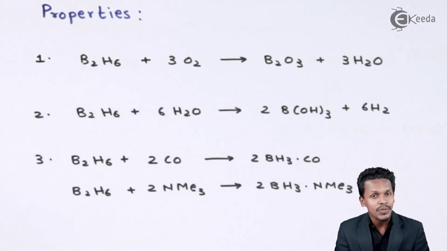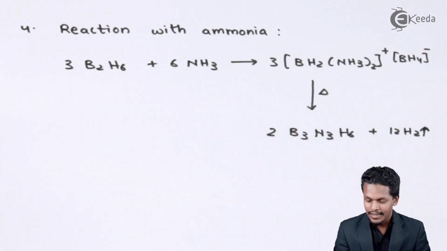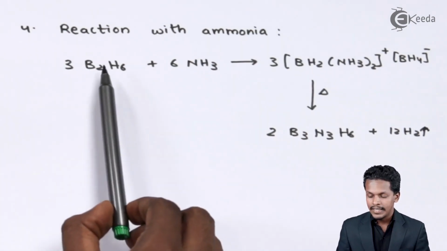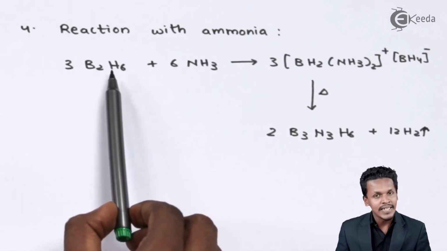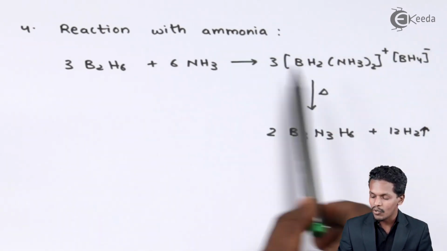And now let us move to the next one, and that is what will happen if diborane is treated with a base like ammonia. In this case, 3 moles of B2H6, diborane, is treated with 6 moles of NH3, so as to obtain a particular complex.